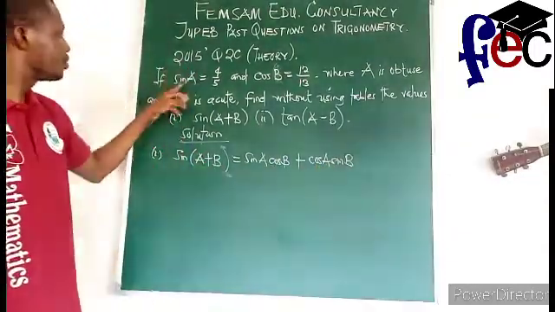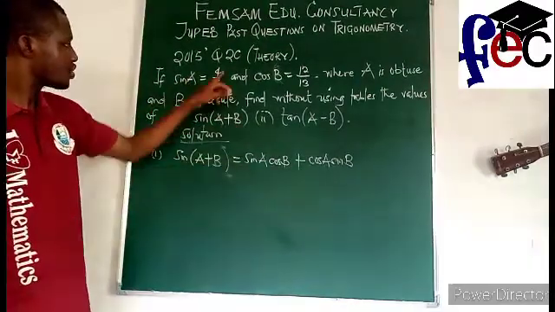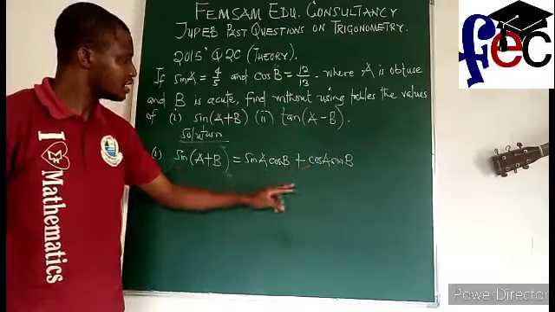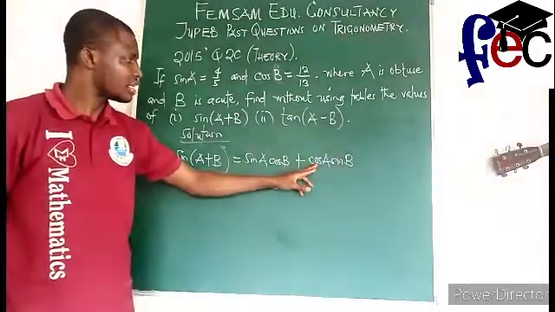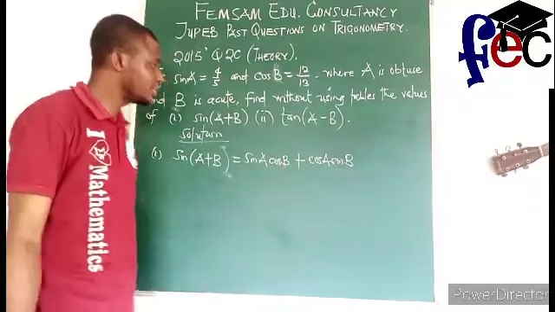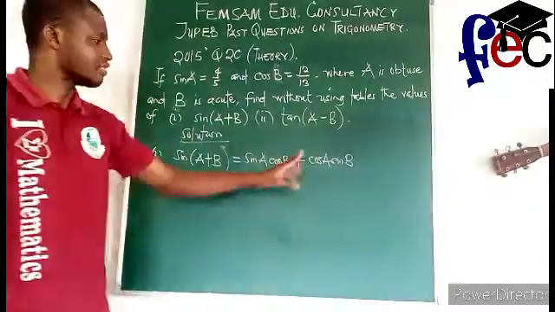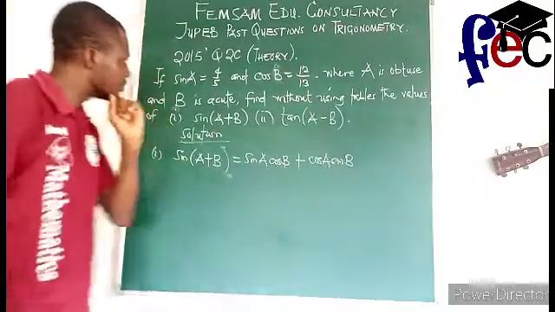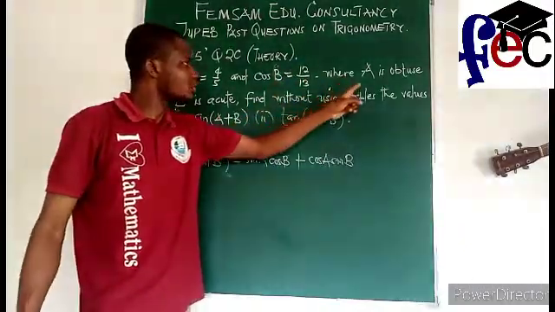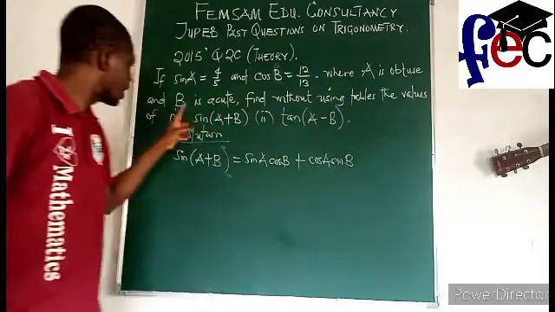From this expression of sine (A plus B), which is sine A cos B plus cos A sine B, from what we have been given, we know sine A, which is 4 over 5. We know cos B, which is 12 over 13. Do we know cos A? No. Do we know sine B? No. So how are we going to get it? Don't panic. It's very easy. That's the reason they gave you these conditions.